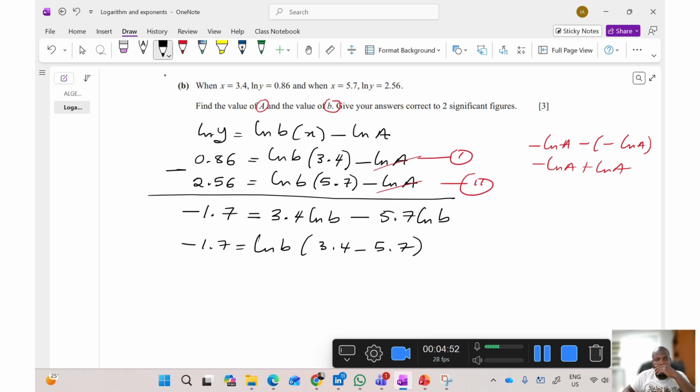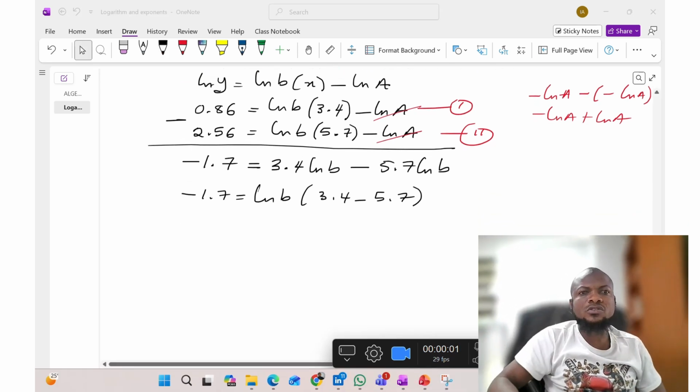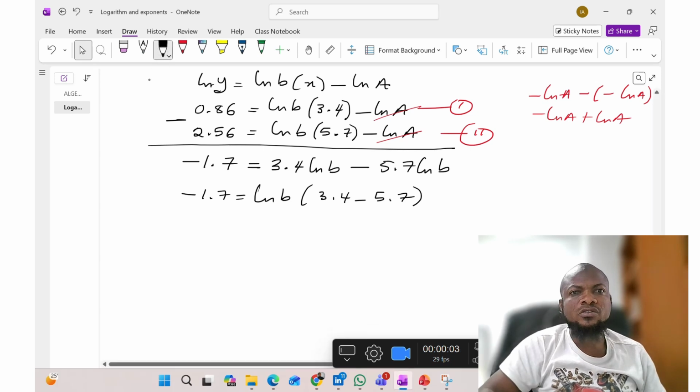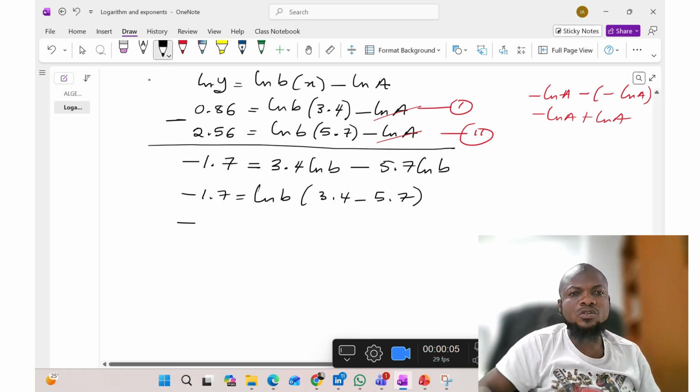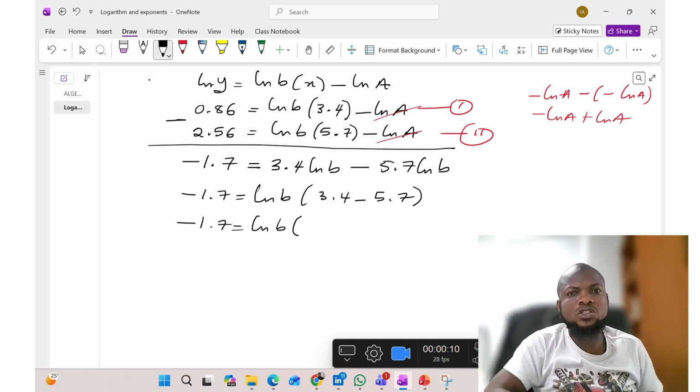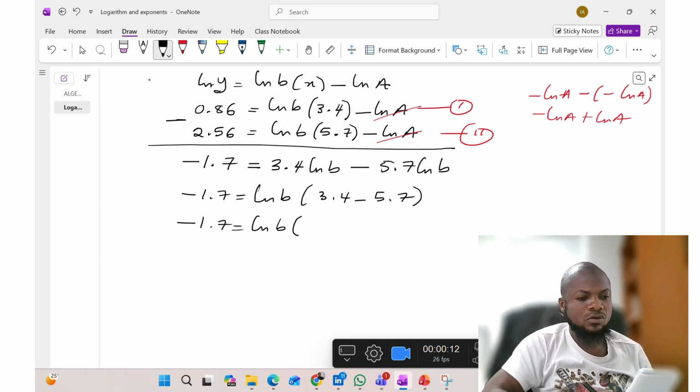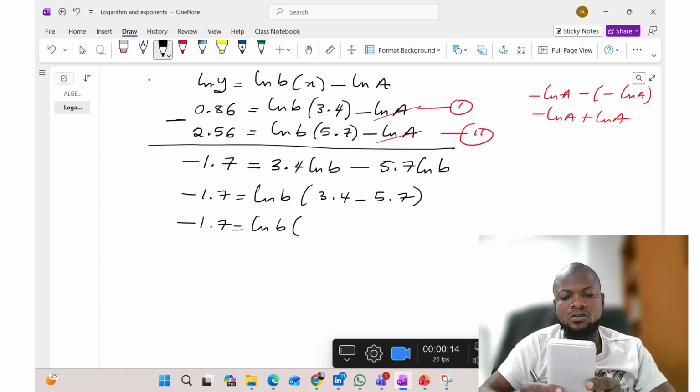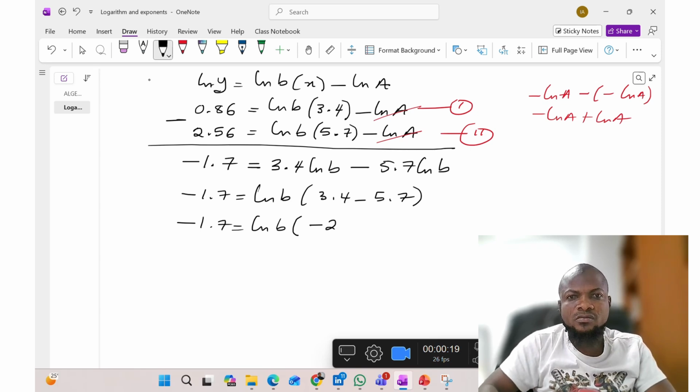I hope this is understood. Okay, good. Yes, that's correct, because ln b is common, so I've been able to factorize that out. That leaves me with minus 1.7 is equal to ln b times, 3.4 minus 5.7, which is minus 2.3.